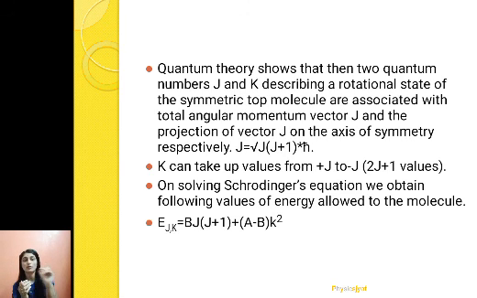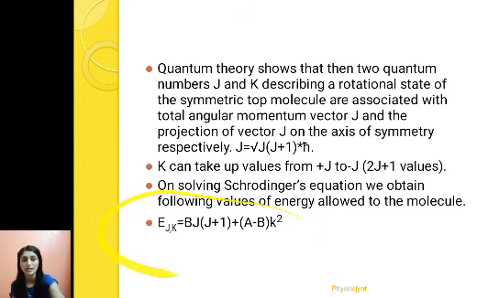We have the formula J equals under root of J into J plus 1 times h cross. Now K can take values from minus J to plus J, total 2J plus 1 values. When we solve the Schrodinger equation for the energy values which are allowed for the particular molecule, we are not going to solve the Schrodinger equation, we are just writing the result directly.